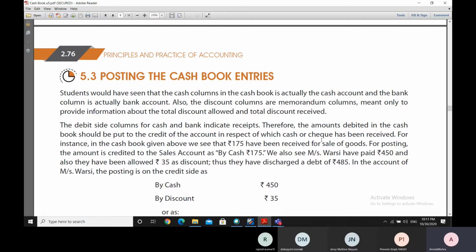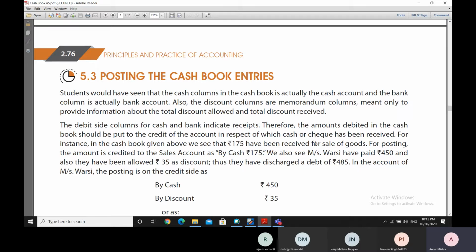Now if we want to post this amount, it is credited to the sales account in the form of the entry by cash 175. It is being debited to the cash account but credited to the sales account because this indicates the sale of 175 rupees in cash.